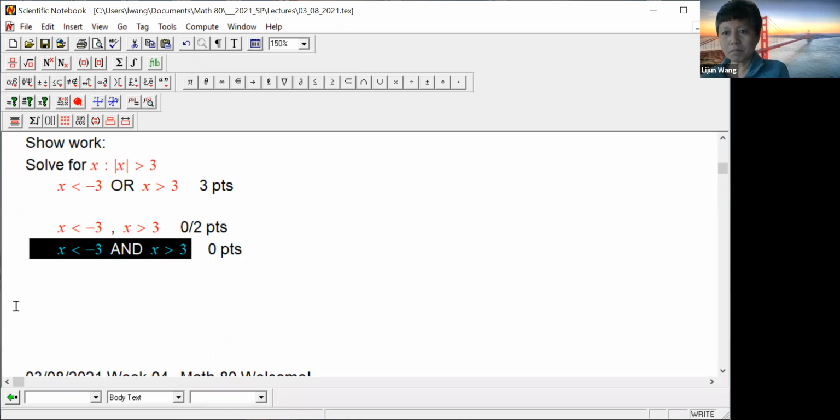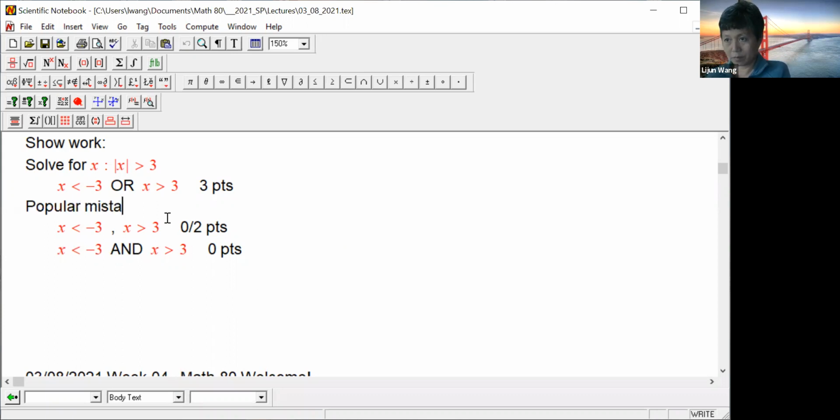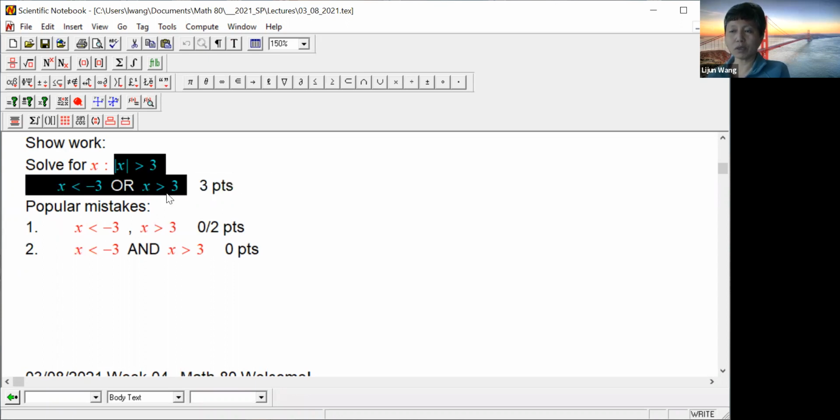So, popular mistakes. This is one of the mistakes, and this is the second mistake I see very often. This is really how much work you need to show, provided you understand the pictures, the interpretations, the if statement, and so on and so forth.